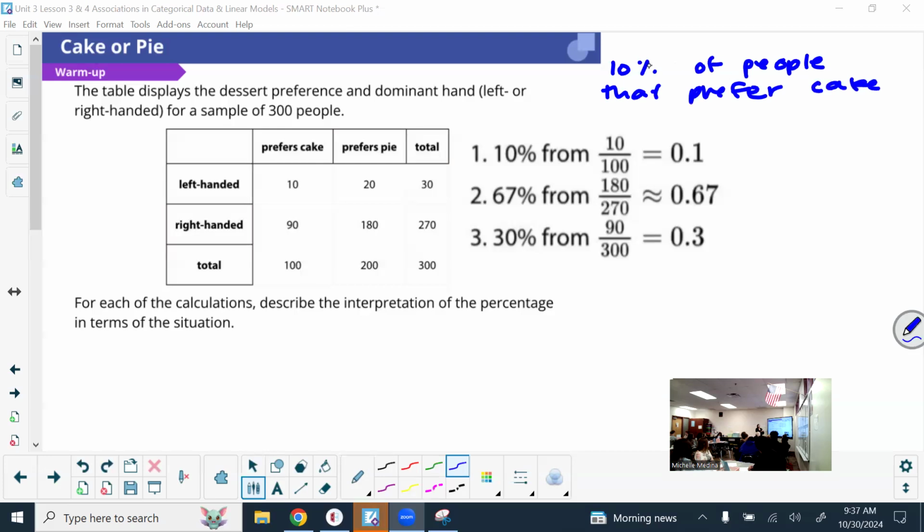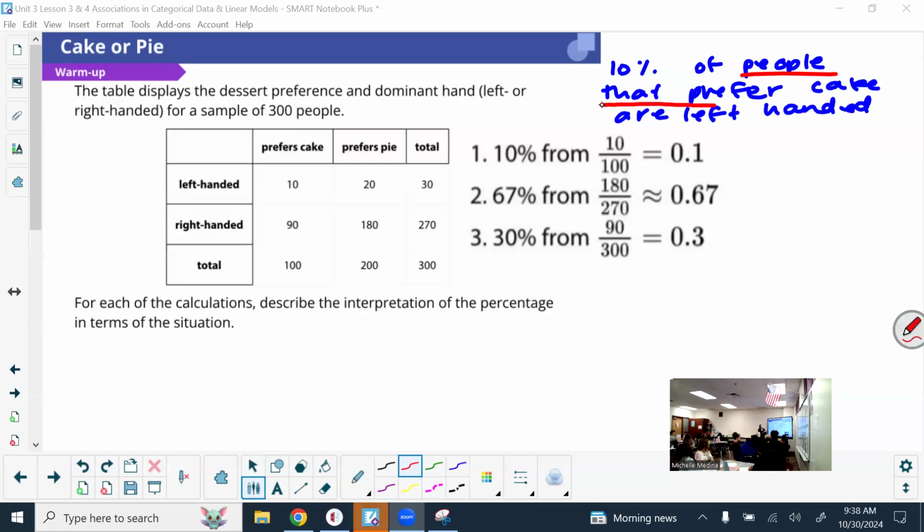I would say 10% of people that prefer cake are left-handed, versus "and." Because when you put that "and" in there, that kind of implies out of everyone's survey, but that's not it. It's 10% of only the people that prefer cake.